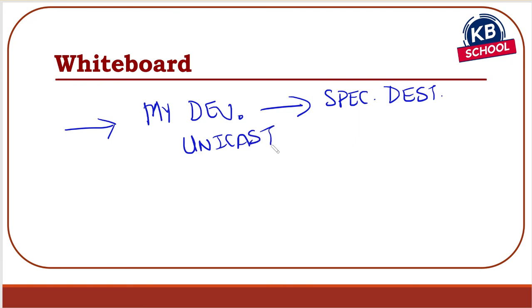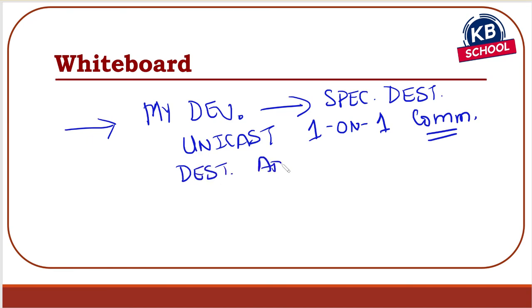A unicast communication is a one-to-one or one-on-one communication. So when I want to communicate on the internet, I want to go to a specific server, I will specify the IP address of that particular server. That is a one-on-one communication. And the destination address in my packet to send that packet to a specific destination will be known as a unicast packet.